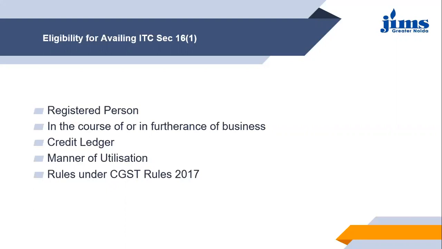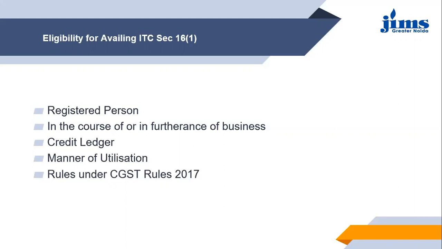If the person is supplying exempted goods, then whatever tax he has paid on his inward supplies, he cannot claim ITC on that. Then the credit ledger: it simply means that the person who is entitled to take the ITC should have the balance in his credit ledger for which he is claiming ITC. So his credit ledger should be updated, and accordingly he can avail the credit.